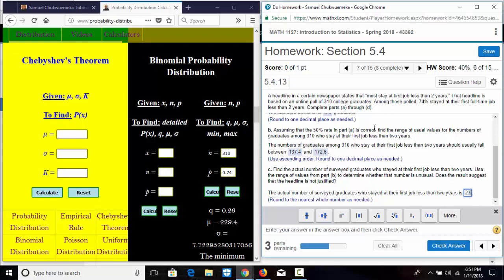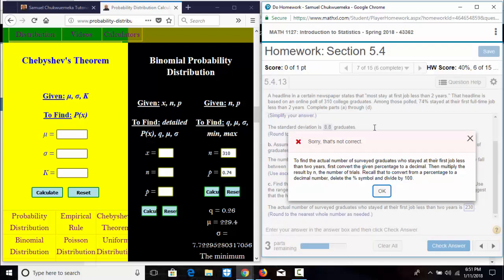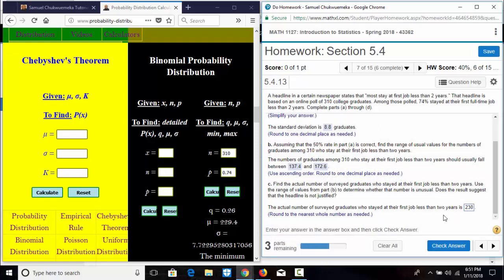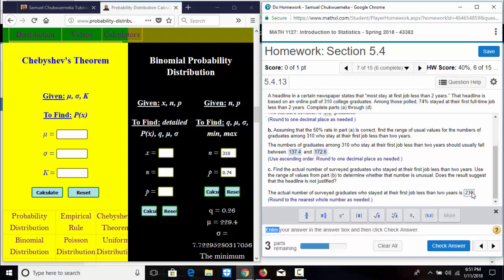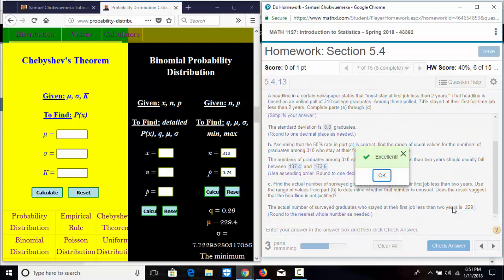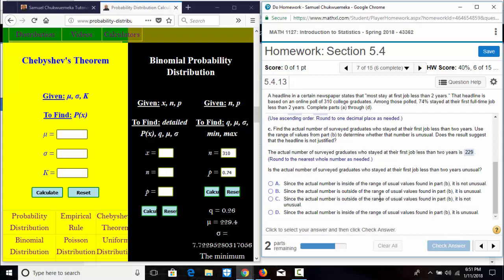So let's try 230 first, and if it says it's wrong, then we'll just do 229. That's my lab for you.